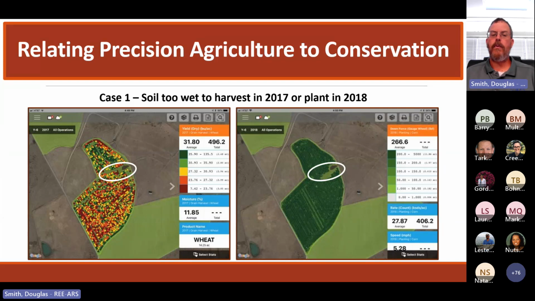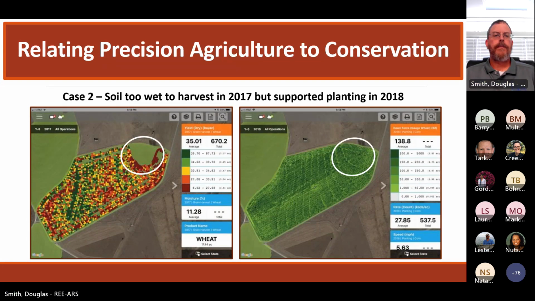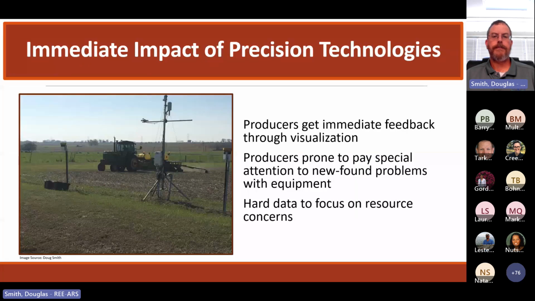So we have a zone here that we know we have resource concerns with. Second field, and I will talk about this field quite a bit in upcoming slides. In 2017, the wheat, it was too wet to harvest a sizable portion of this field. Contrary to the other field, this field in 2018, we were able to plant it, but I'll show we did have some yield problems in this portion of the field.